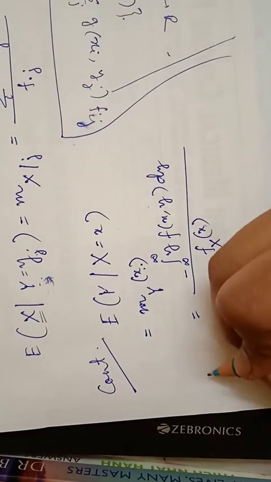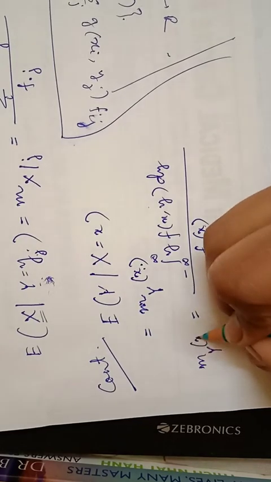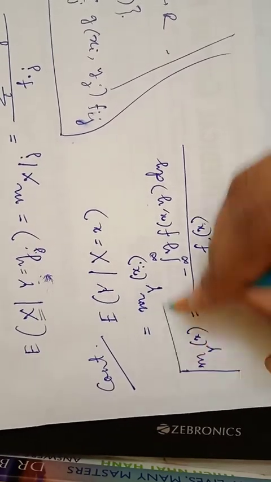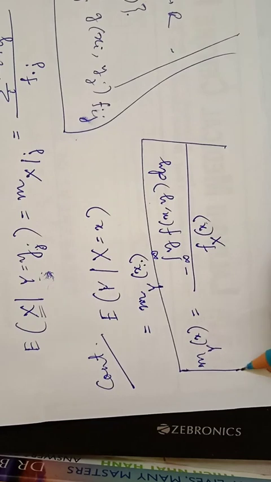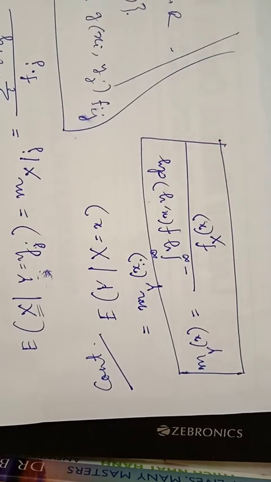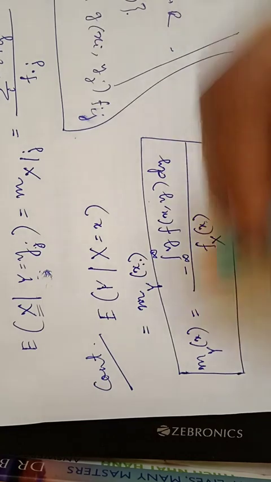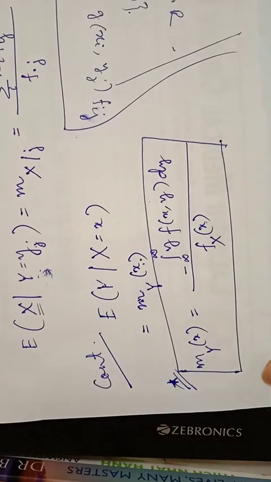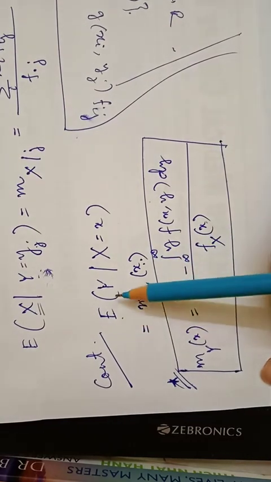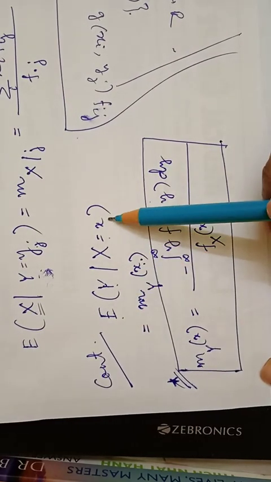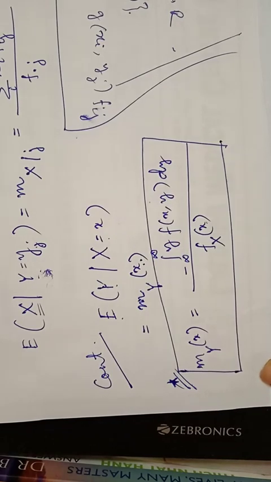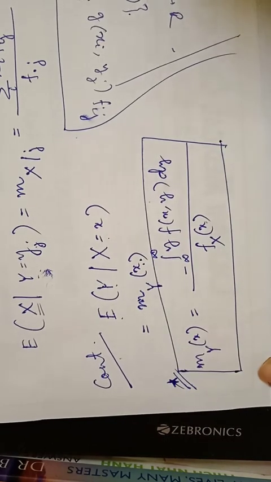Okay, so this is our m_y(x). The continuous formula is more useful than the discrete case for the exam. Mostly for the exam the examples come from the continuous cases, so this formula is very important. This is the expectation of y when x equals to x has already occurred for the continuous case.